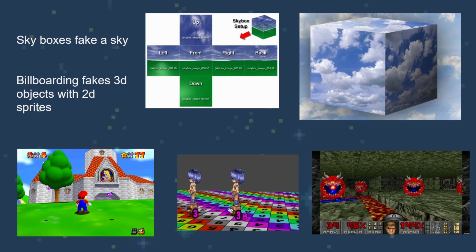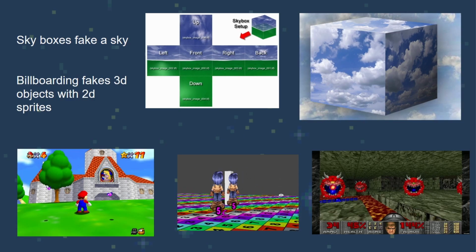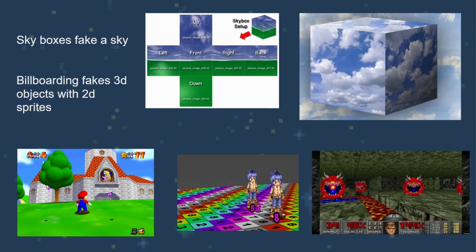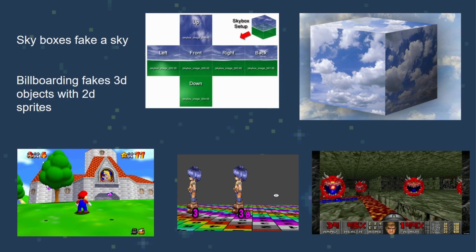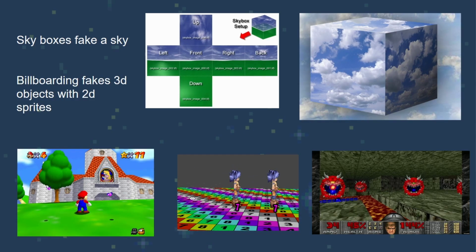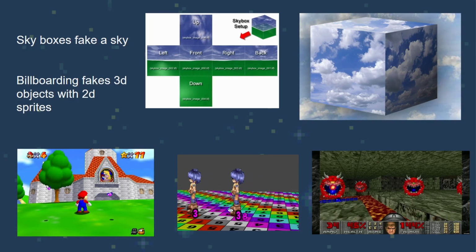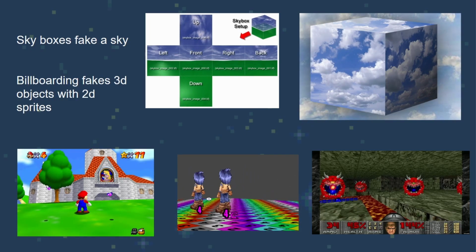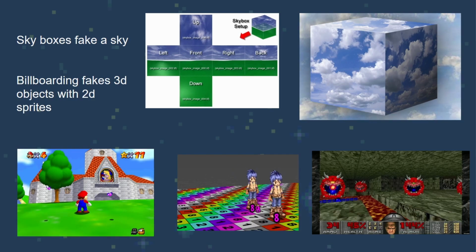And another technique that I personally use all the time is billboarding. I alluded to it before, but basically this allows you to use 2D art in a 3D world. There's a very simple version where you just have a sprite that is always facing the camera, as in the tree in Super Mario 64.